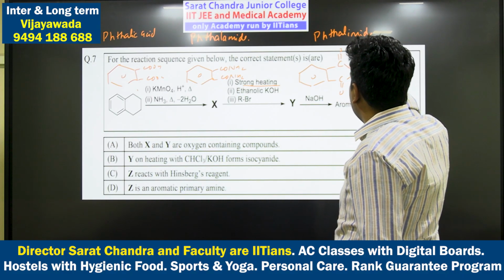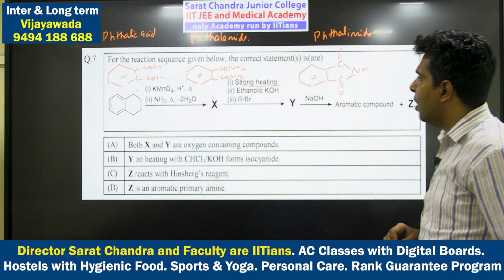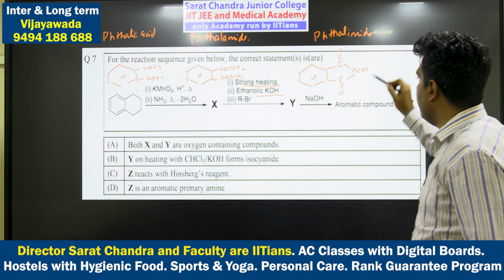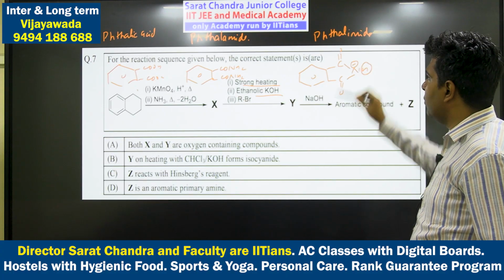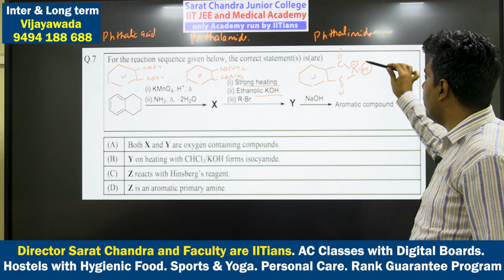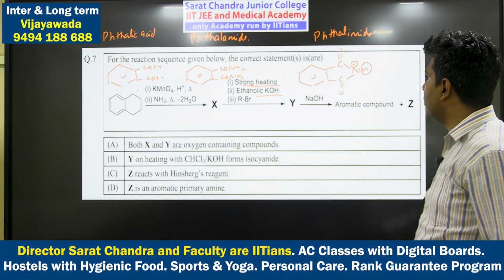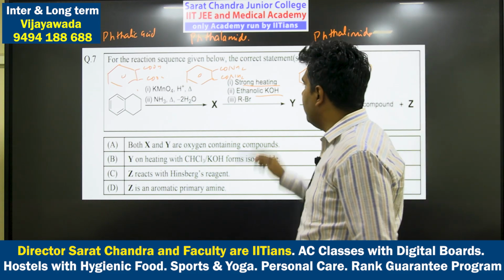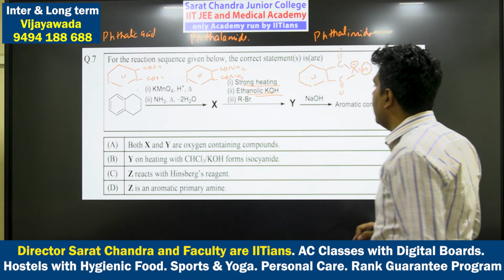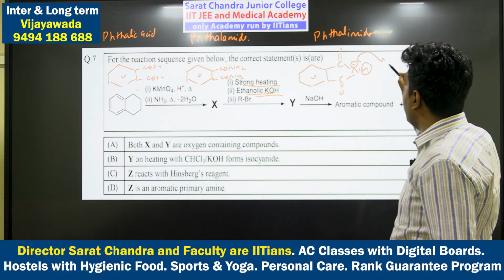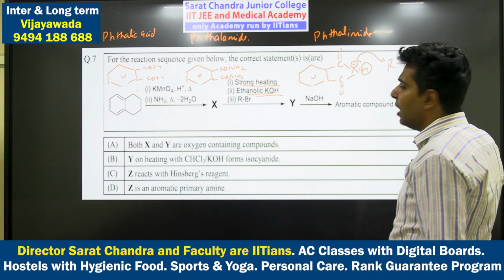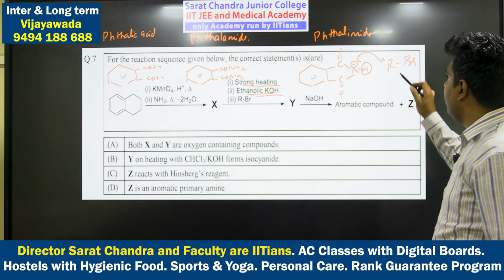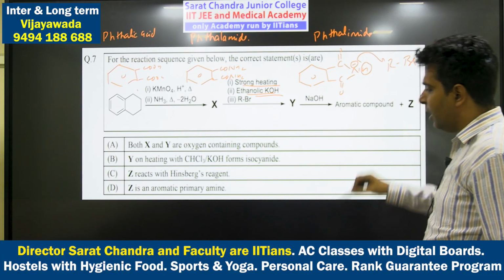Now alcoholic KOH will take the hydrogen of phthalimide, which is acidic because the conjugate base is resonance stabilized. Now this will act as a nucleophile and it will do substitution on alkyl halide. So alkyl bromide will be substituted and R will attach over here.